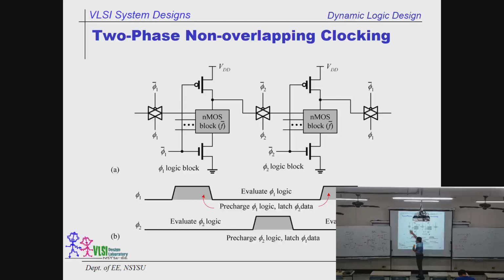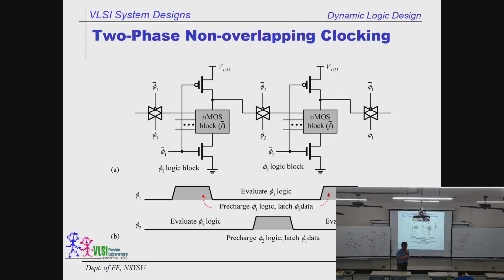That means these two pass transistors could be turned on simultaneously. If they are actually turned on simultaneously, then the output of the first stage will be coupled to the next stage. That is a problem of dynamic logic.